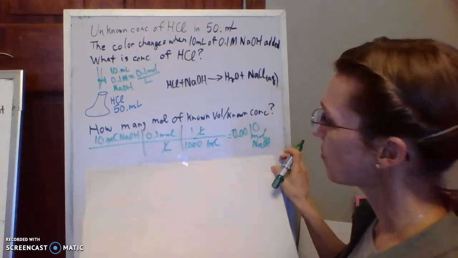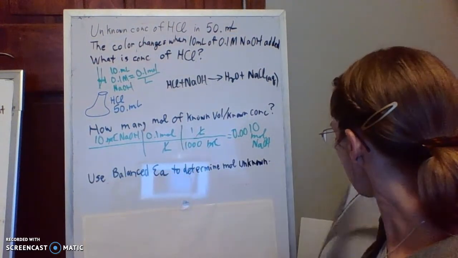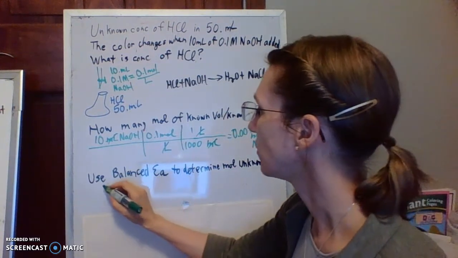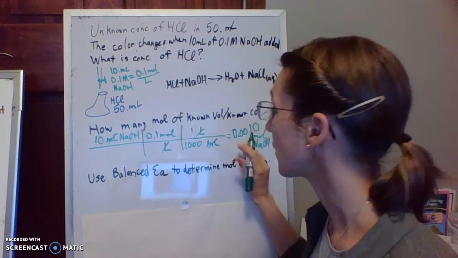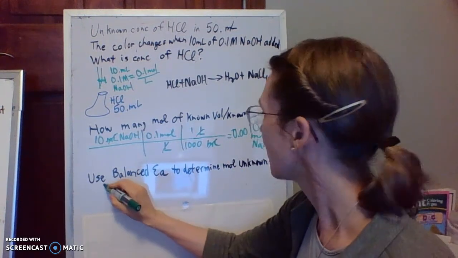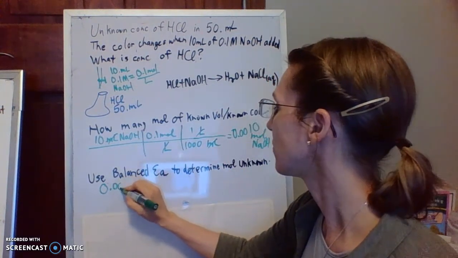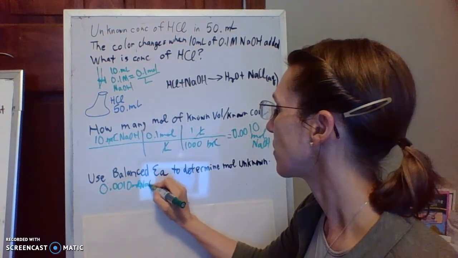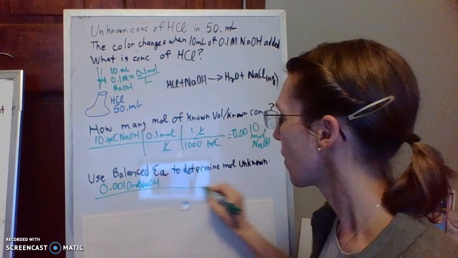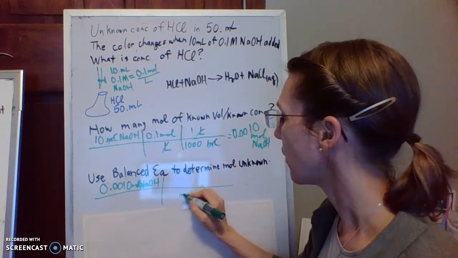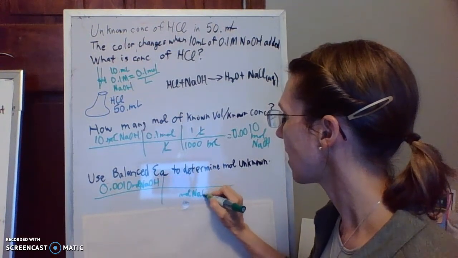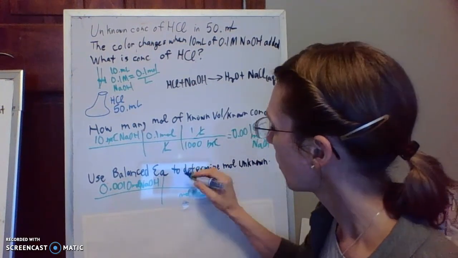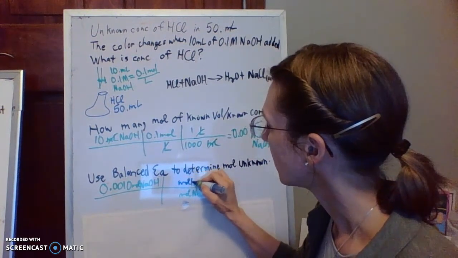Now we're going to use our balanced chemical equation and our molar ratios to convert from moles of our known to moles of our unknown. So we've got 0.0010 moles of sodium hydroxide. We want to get rid of our moles of sodium hydroxide, and we want to go to moles of HCl.